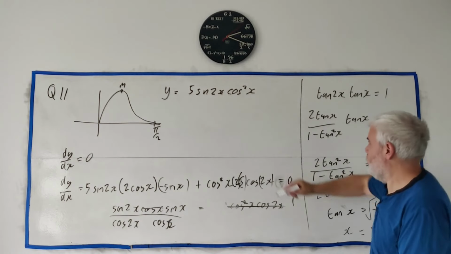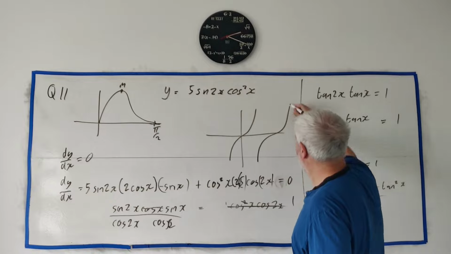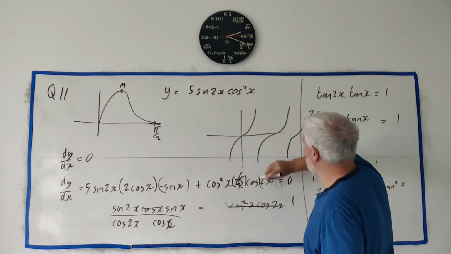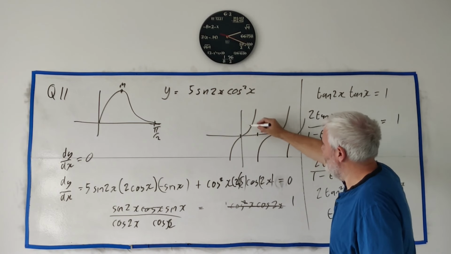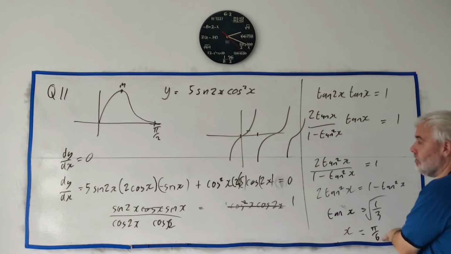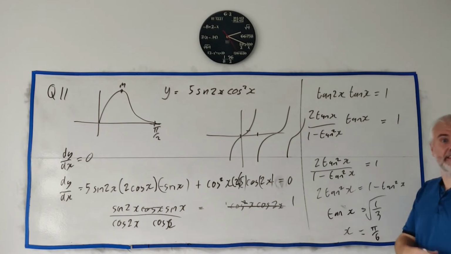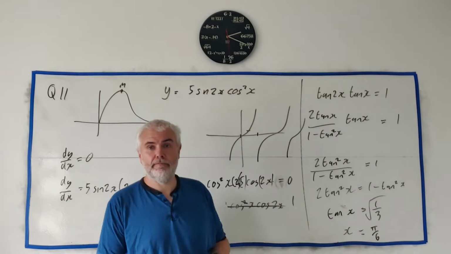So just to draw a tangent out here, it's like this, and where there's pi over 2 here, there's 0. So the only answer we'd get is the first one the calculator gives us, this answer here. So that's it, that's the answer to part A. x is equal to pi over 6.